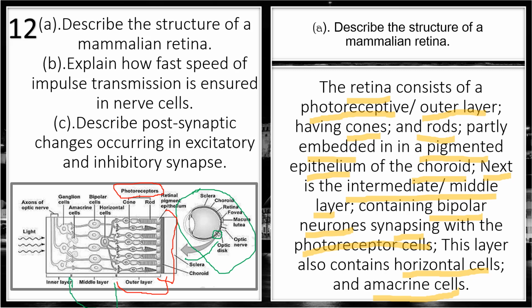That is our middle layer, and it has got what we are calling the bipolar cells. These ones we are seeing in the middle here, all these ones are the bipolar cells, and it is also made up of the amacrine cells. The amacrine cells are the ones that we are seeing somewhere here. Those are the amacrine cells. They are found in what we call the middle layer of the retina.